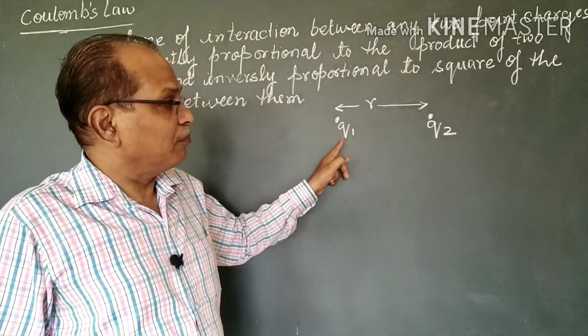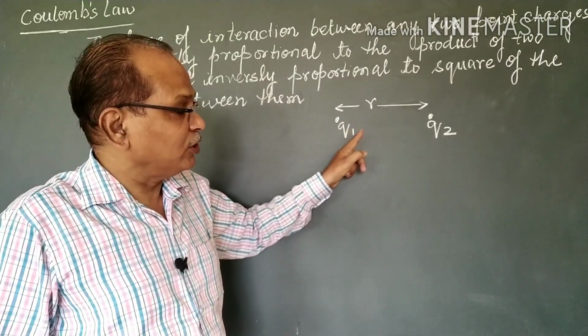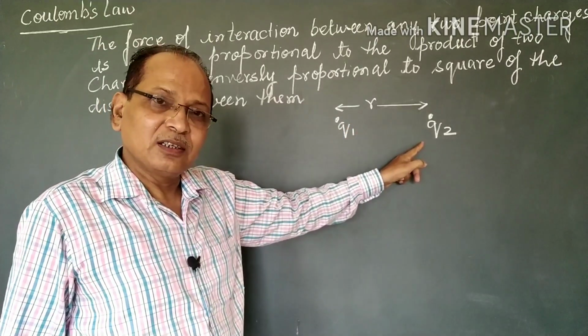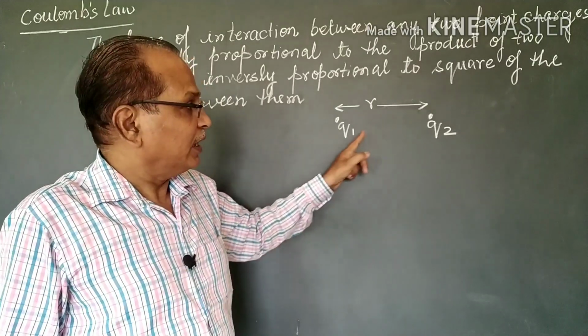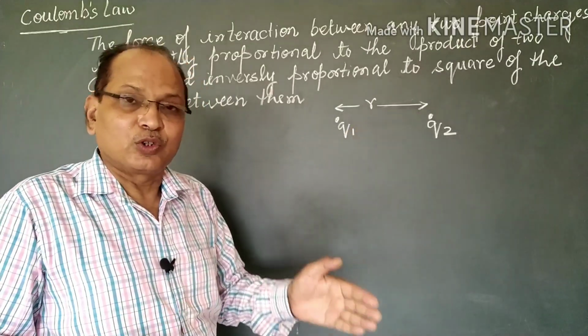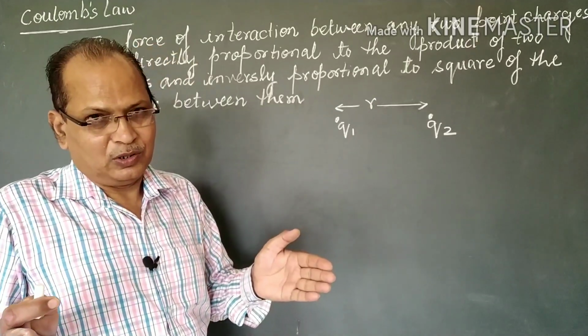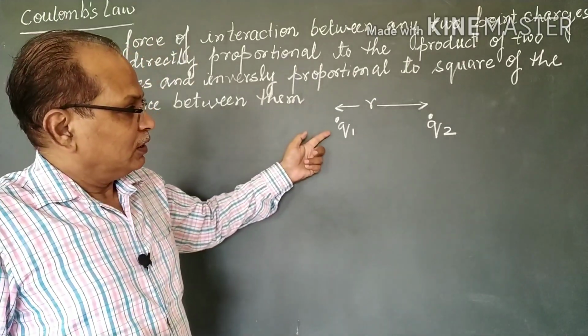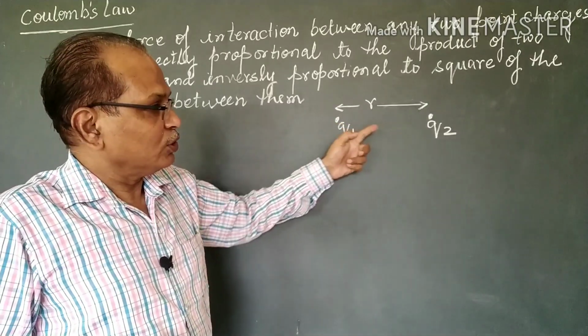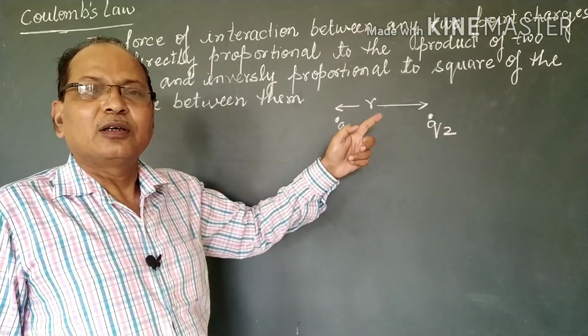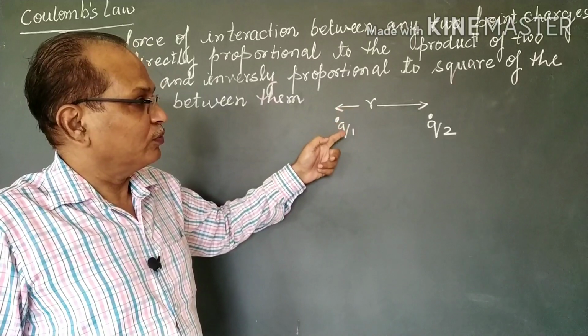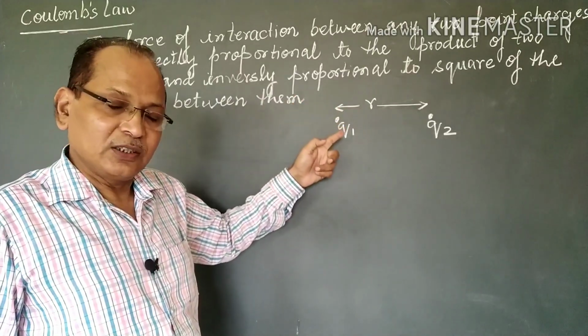How much is the magnitude? The greater the magnitude of the two charges, the more force they will exert, either attractive or repulsive. So the force is directly proportional to the product of the magnitudes of the two charges.